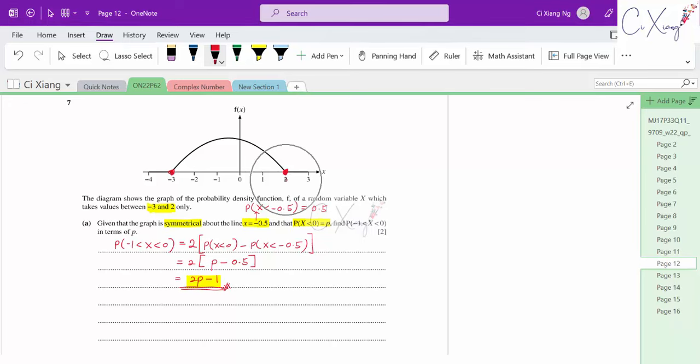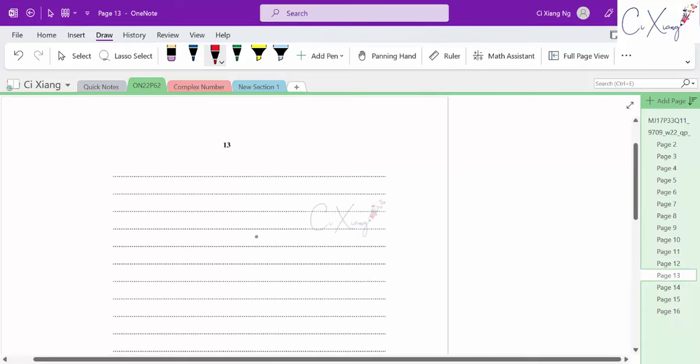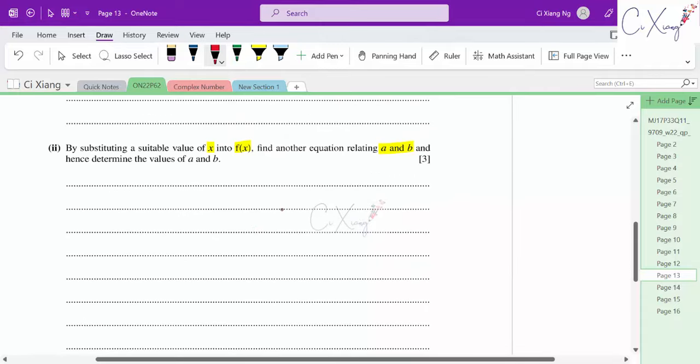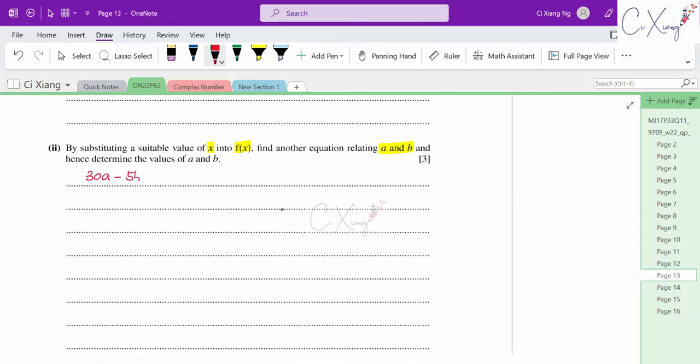Okay, so I will substitute the value x equals to 2. I'm having my first equation, which is 30a minus 55b equals to 6. This is my first equation from the previous part. Now I want to substitute 2 into the function f, and I will get a 0. From the diagram, you can see that substituting 2, you'll get a 0 for the y, right?